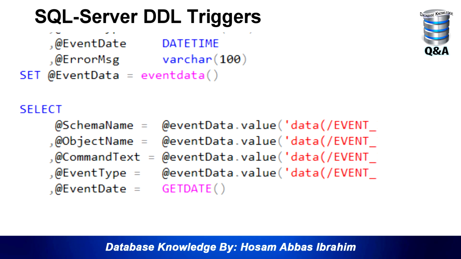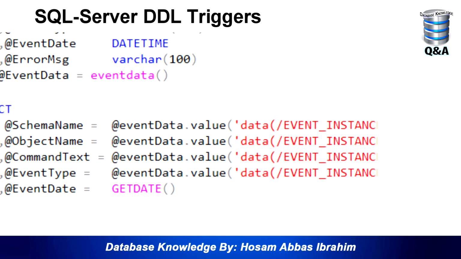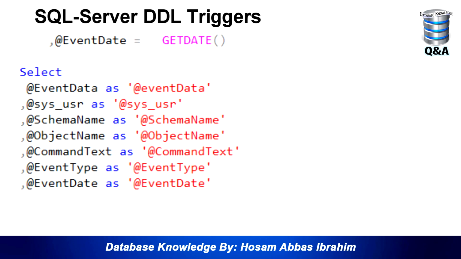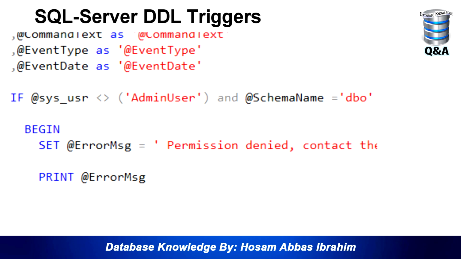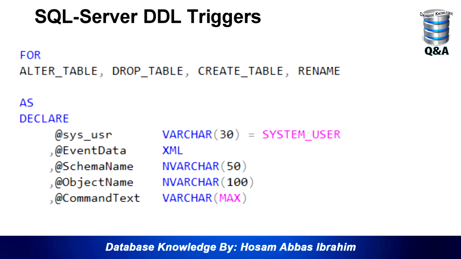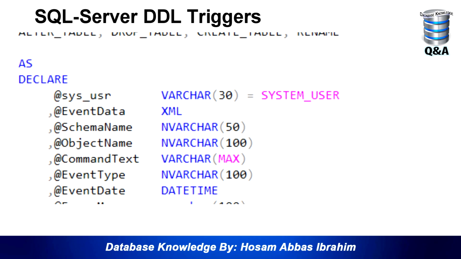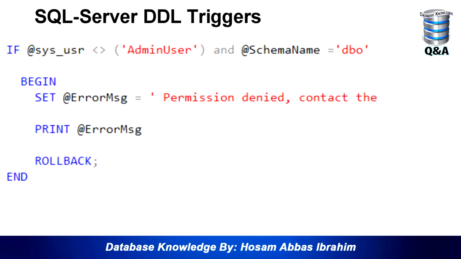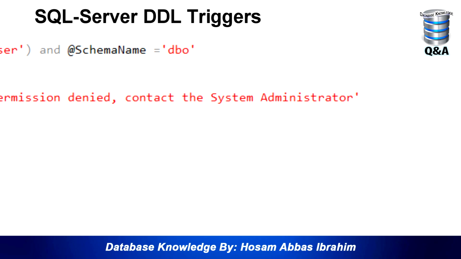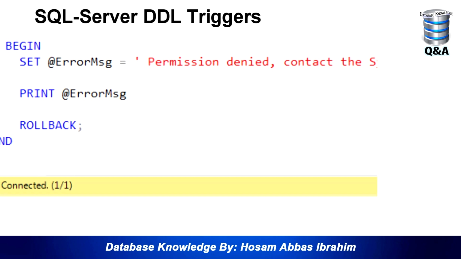For example, I take the schema name, the object name, the sys user, and everything, and I set those into variables, and here I will put the condition of the DDL trigger. If any user alters a table or drops it or creates a table or renames it, what will happen if this user is not the admin user and the schema name is DBO, then I will raise this message, permission denied, and I print it and I will roll it back.